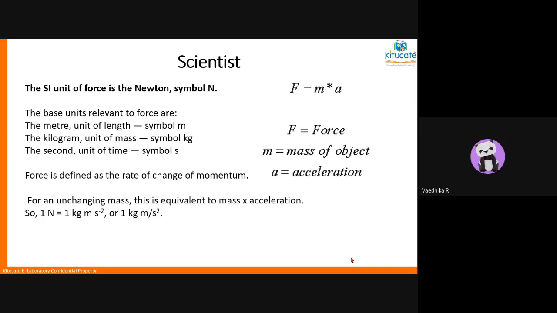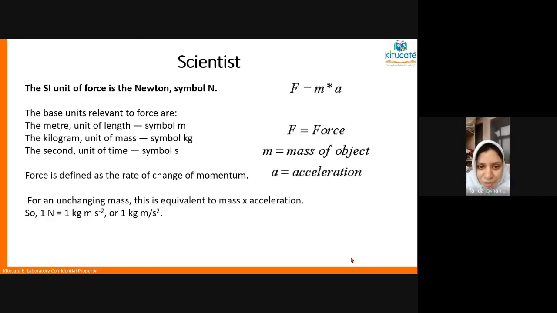Ma'am, another example is speed. Very good. Speed, very nice example. Speed is equal to change in distance upon time. So speed is equal to the distance unit divided by the time unit. So it will be meter per second. Understood?